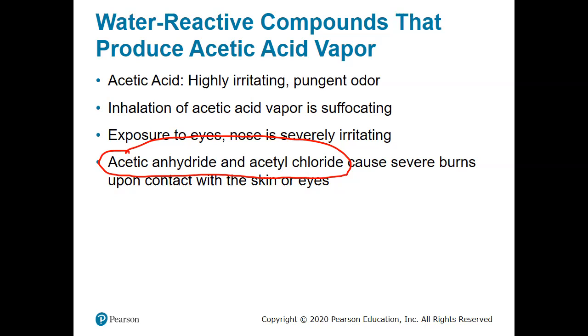So if those substances, which are the precursors, get into your skin or your eyes, they can cause severe burns in those areas. The main reason why is, again, your body is mostly made out of water.